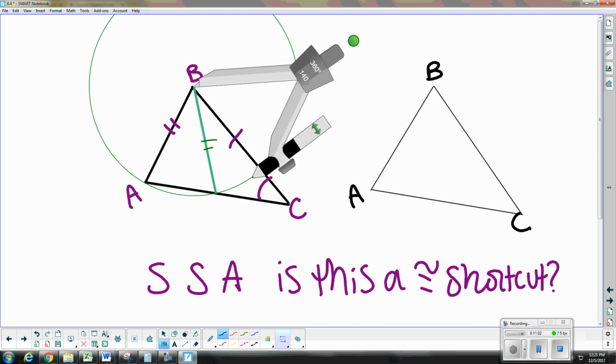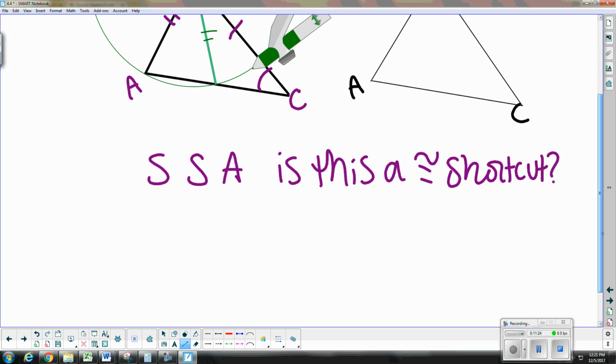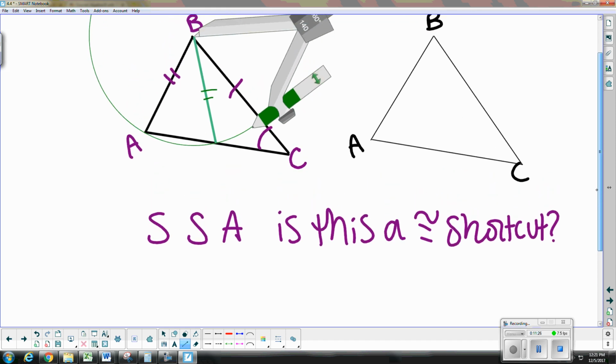And then I could have this other triangle here. Let's do it at the bottom. That looks like this. B, A, C.